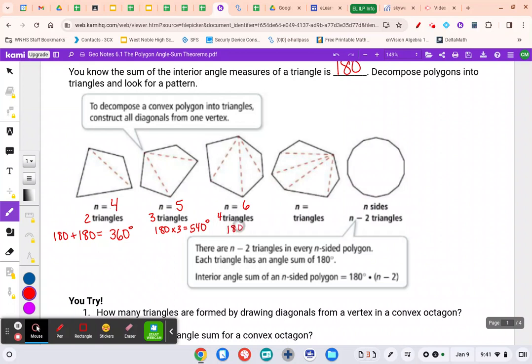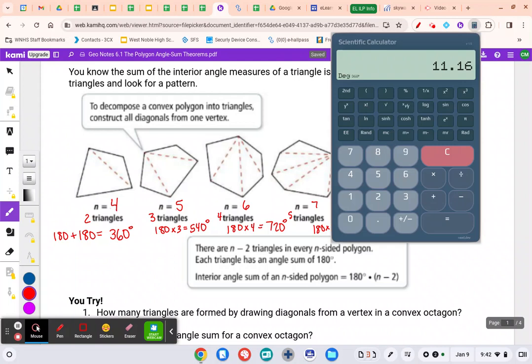So you take 180 times 4. This is 720 degrees. Maybe you'll notice that it continues to increase by 180 every time. A 7-sided shape has 5 triangles. 180 times 5 is 900 degrees. Probably should have been able to do that in my head.